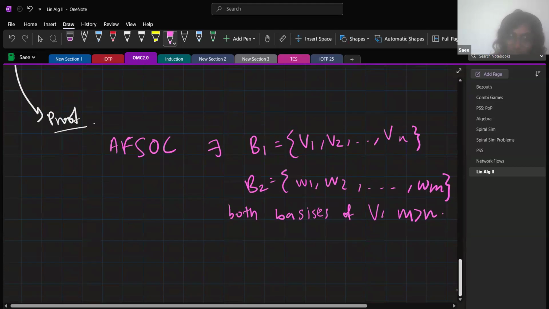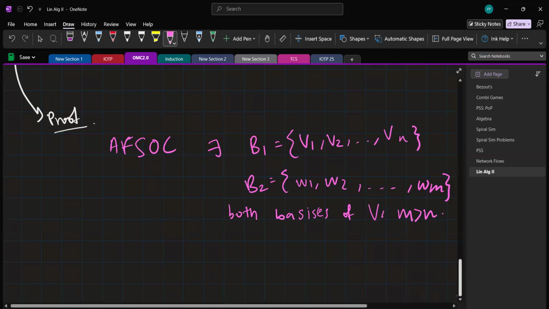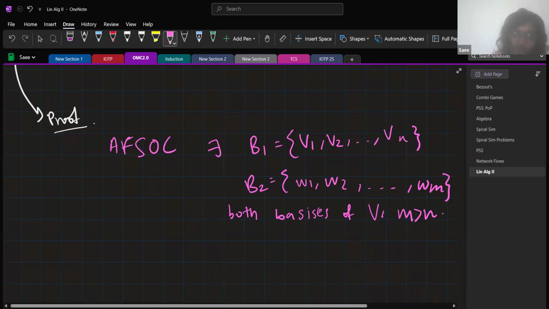Okay, this is a good starting point. What could we do next? We can write W1, W2, up to Wm all as linear combinations of V1, V2, Vn since it's a spanning set. Right, so all of the Wi's can be written as a linear combination of Vi's.